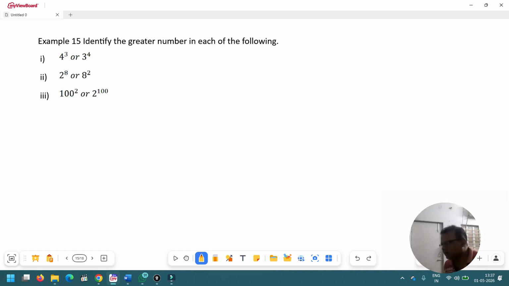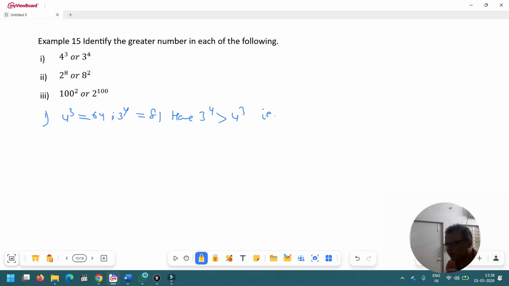Now consider the next question and find the greater number in each of the following. First, 4 to the power 3 is 64, 3 to the power 4 is 81. 3 to the power 4 is greater than 4 to the power 3.